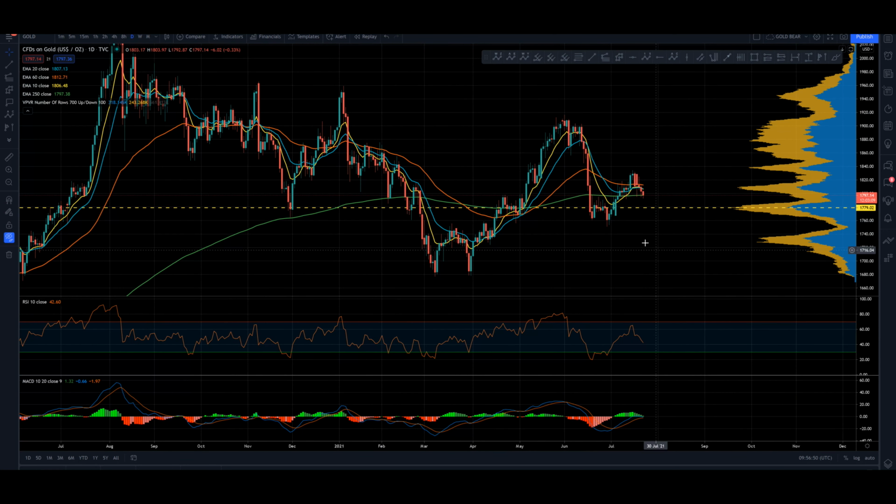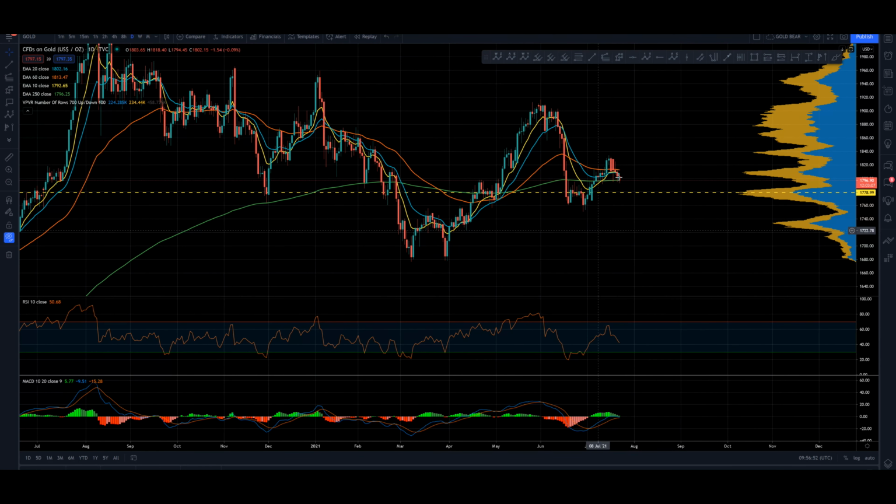Things will get clearer in the next week or so, because we either come up, challenge this high, and we look bullish, or we break down, challenge this low. Either way, we've got our setups either way. So RSI came down from overbought to oversold, bounced back through neutral, not back to overbought conditions yet, just hanging around.